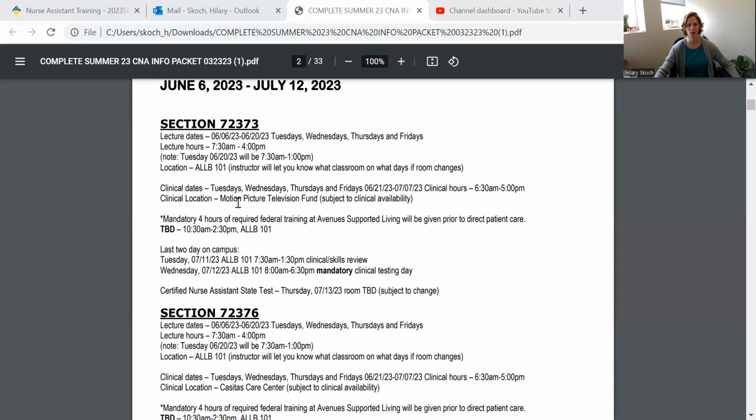So make sure you pay close attention to your location that you'll be doing clinicals in. And please ask yourself if this schedule works for you. Just for example, if you work Tuesdays, Wednesdays, Thursdays, but you have lecture days on Tuesdays, Wednesdays, Thursdays, then this specific class wouldn't work for you.